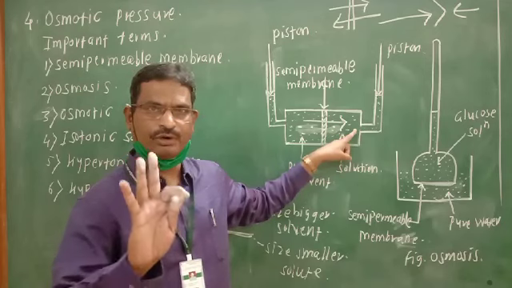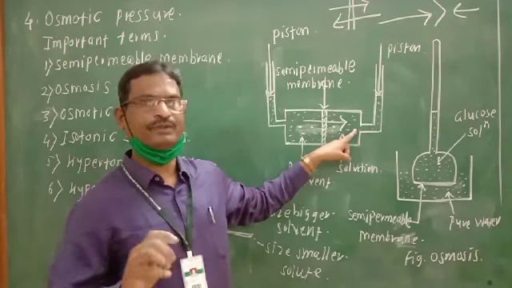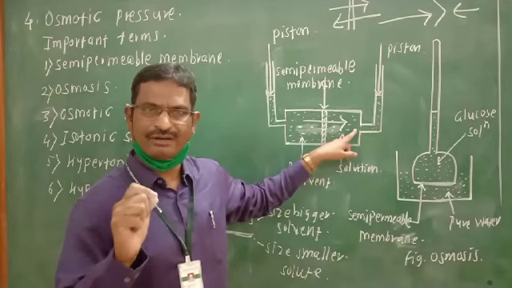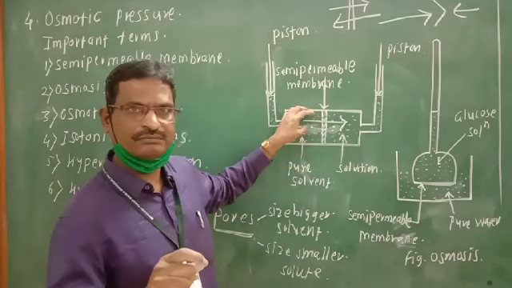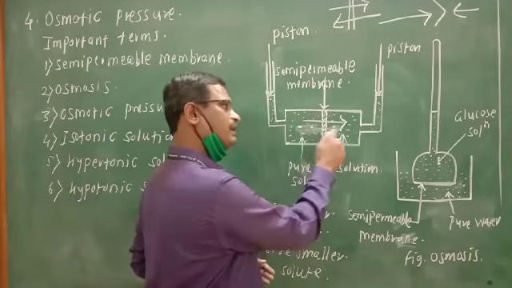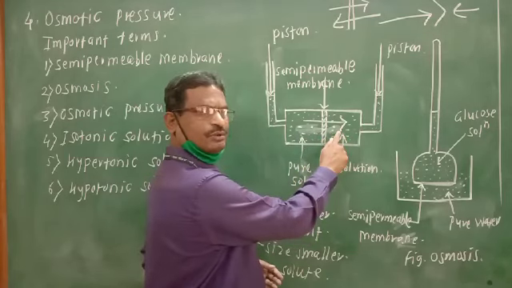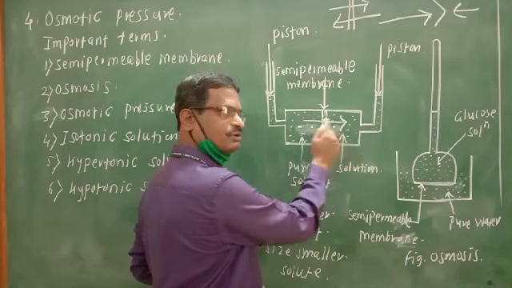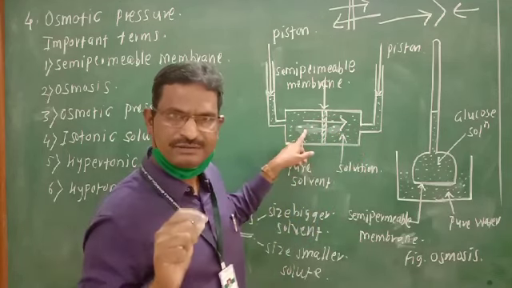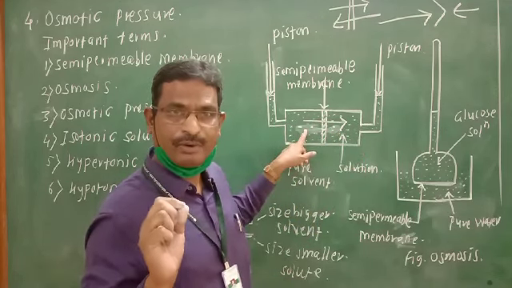I have told you over here that flow is not taking place in only one direction. It is taking place in both directions, because here is a solvent, here also solvent is present in the solution. So flow of solvent from solvent to solution as well as solution to solvent also takes place. But finally, what is the important point?